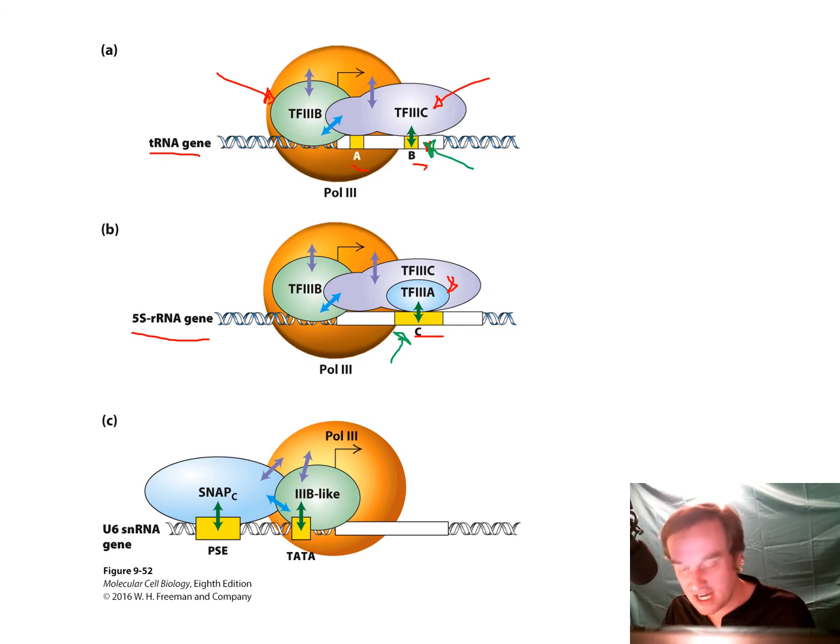And then we have these blue arrows, and the blue arrows are interactions between the general transcription factors. So you can see TF3B and TF3C, as well as TF3B and C for the 5S rRNA gene. Both have strong binding in between them. And then lastly, we have these purple arrows, which are the interactions between polymerase and those general transcription factors.